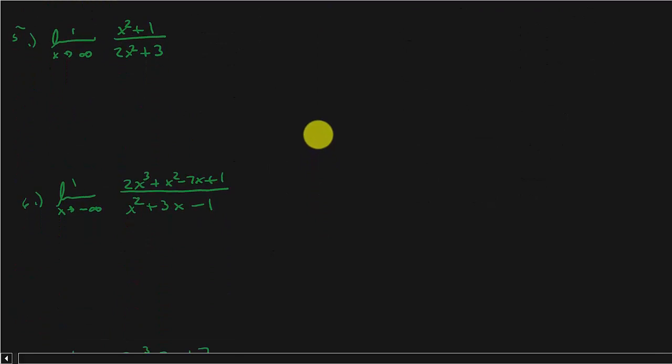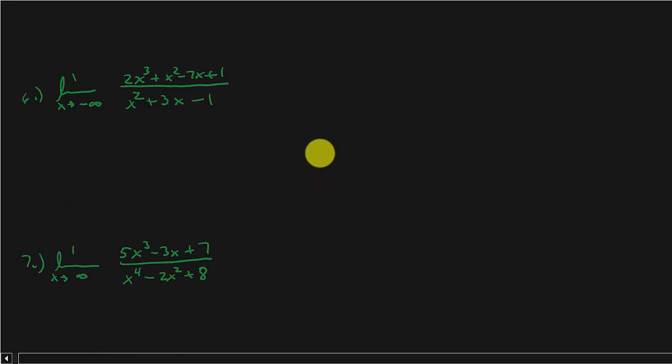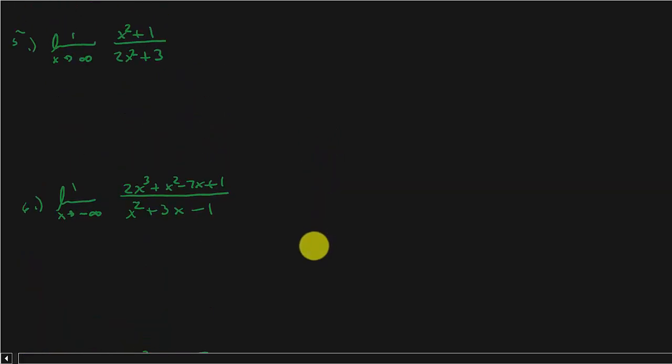These are limits, but you notice on these next 3 examples, x is approaching infinity or x is approaching negative infinity. As far as these problems go, they work the same, whether it's approaching infinity or negative infinity. You go about it the same way.